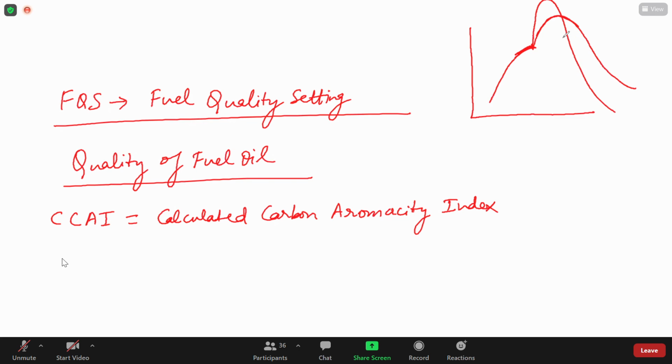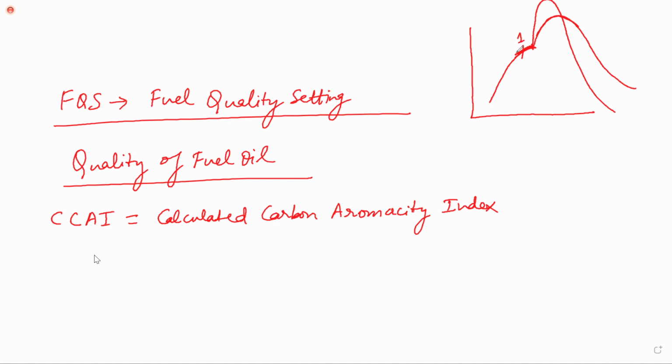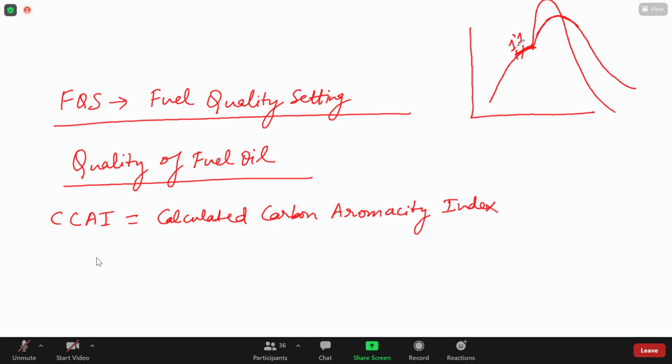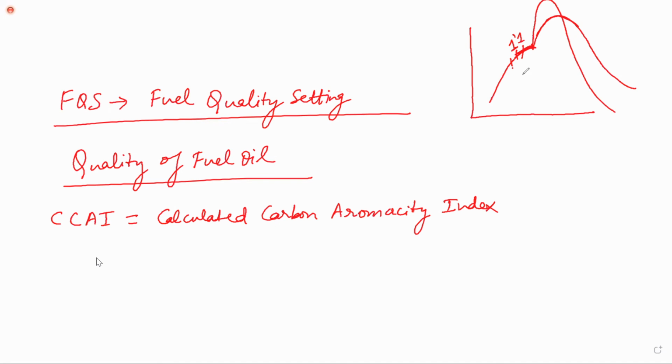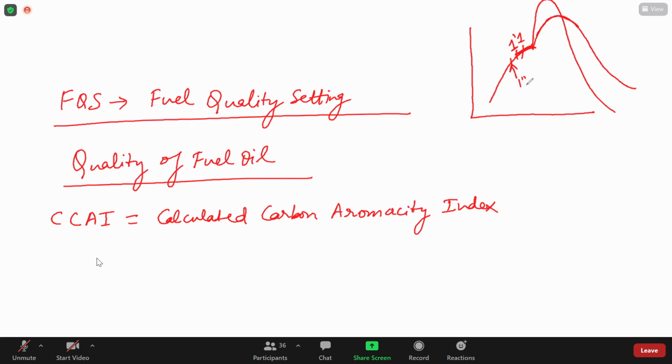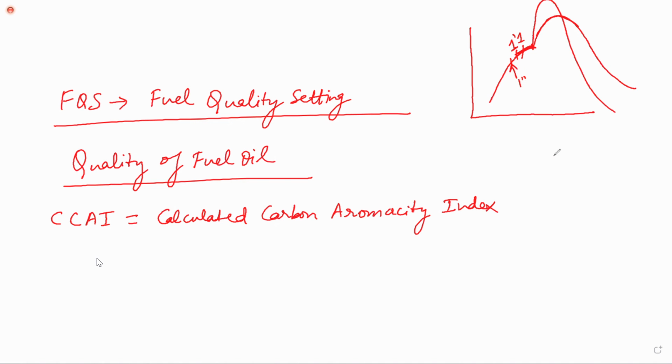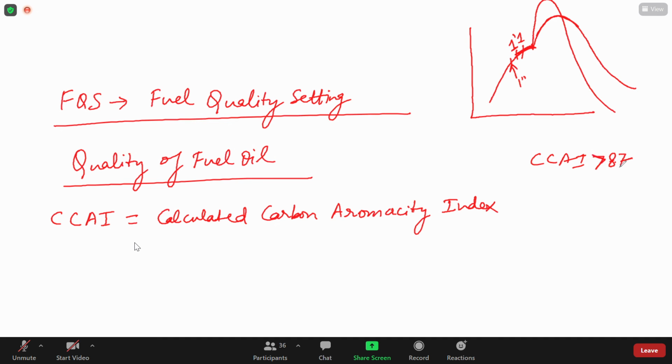Okay, I'll repeat. See, if the fuel quality is bad, instead of 1, you will start injecting the fuel at 1 dash, right? If the fuel quality is further bad, maybe you may start injecting the fuel at 1 double dash. But if the fuel quality is so bad, the CCAI value is greater than 870, then the ignition delay is simply too much.